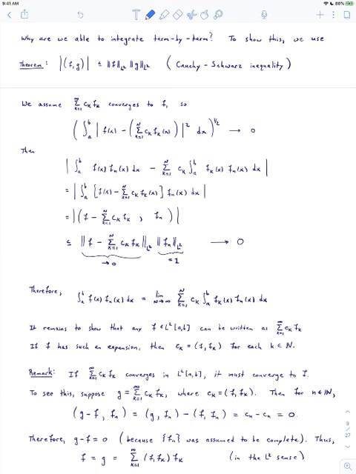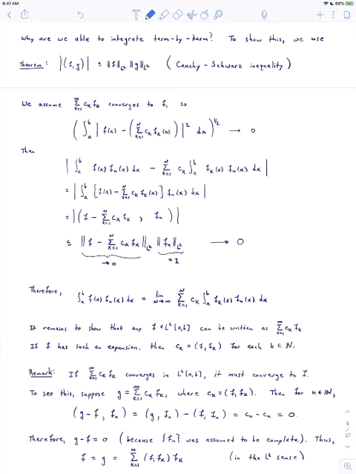I could prove it here, but it's going to be an exercise. So I want to leave it as an exercise so that way you can enjoy proving it for yourself. So we're just going to take it for granted that this Cauchy-Schwarz inequality is true. But the idea here is that you can bound the inner product by the product of the norms. So let's take that for granted.